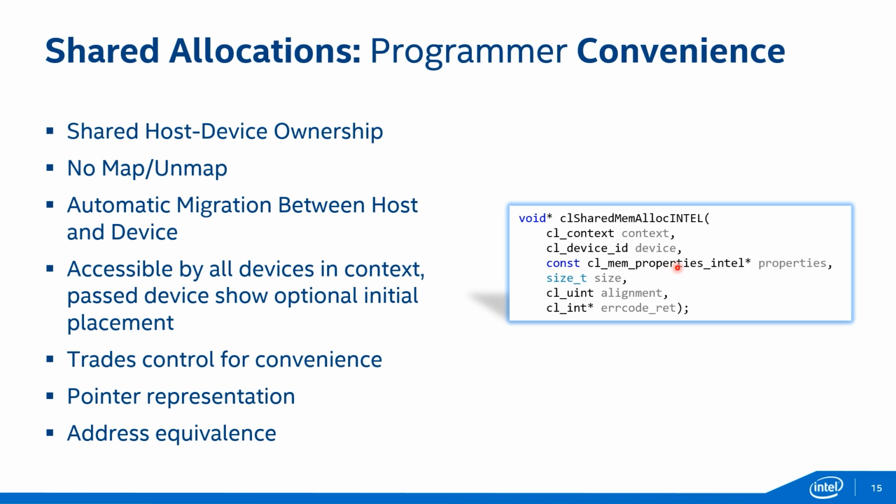We can specify an initial placement for a shared allocation, but they are also available in all devices that the context contains. They automatically migrate on a per-use basis. So whenever the CPU accesses the allocation, it will automatically migrate to the CPU, and whenever the GPU accesses it, it will automatically migrate to the GPU. They are also represented by a pointer, and there is an address equivalence.